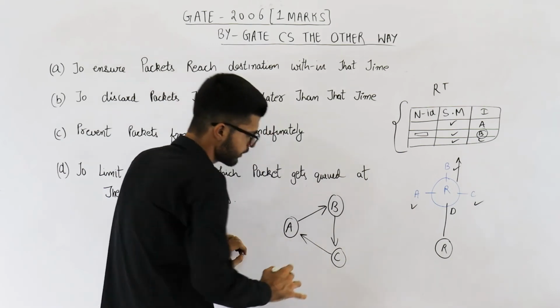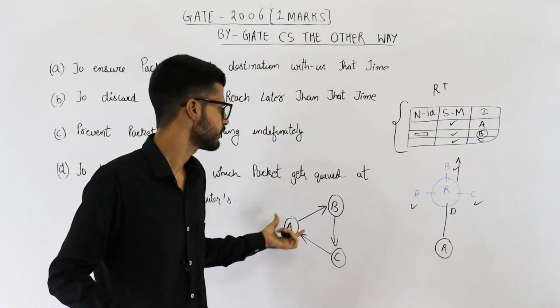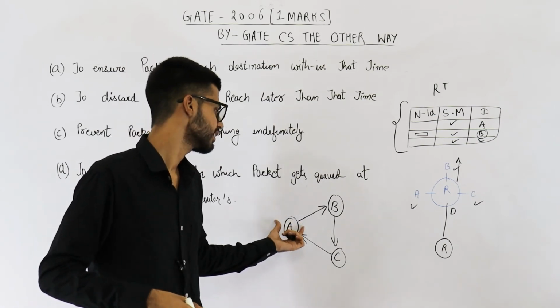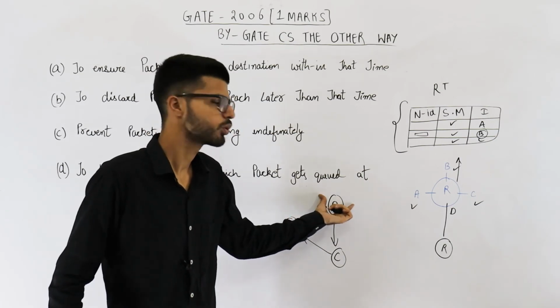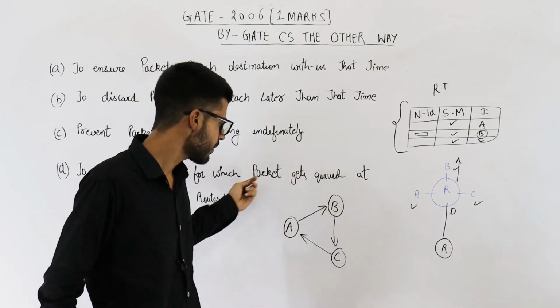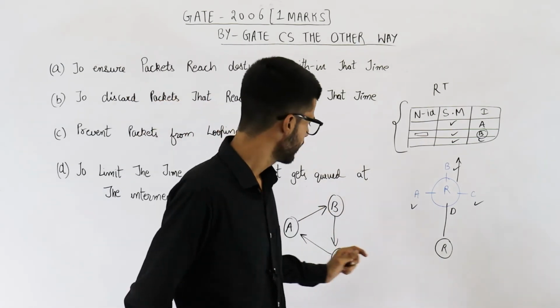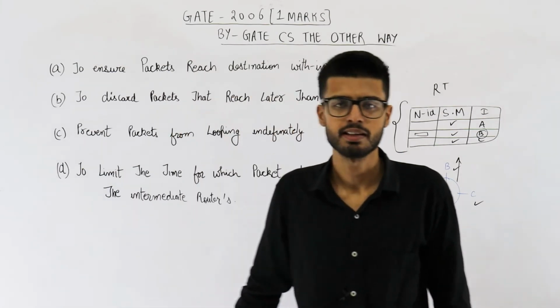It might not be due to the fact that all of these are default routers of each other. There could be many other reasons, like there is something wrong with this router. It forwards every packet to this one only. Or all other links are broken or not working. Something might go wrong and a loop might be created. So TTL avoids all such scenarios.